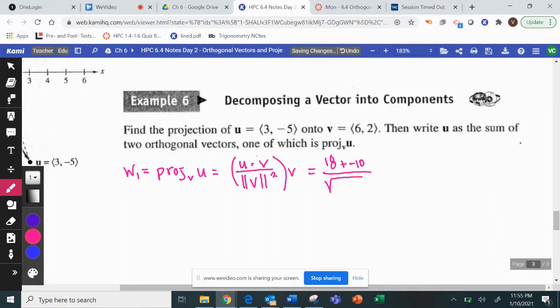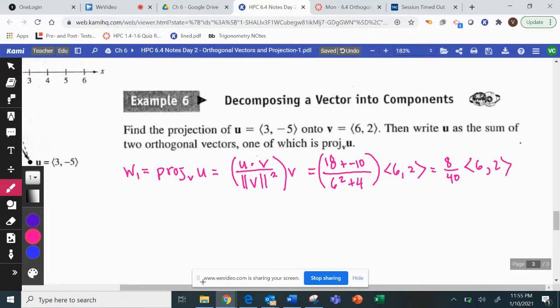We're going to square it after that, so we don't really need the root. So 6 squared plus 2 squared is 40. And then I have that times v. Vector v is 6, 2. So I'm going to get 8/40 multiplied by 6, 2.